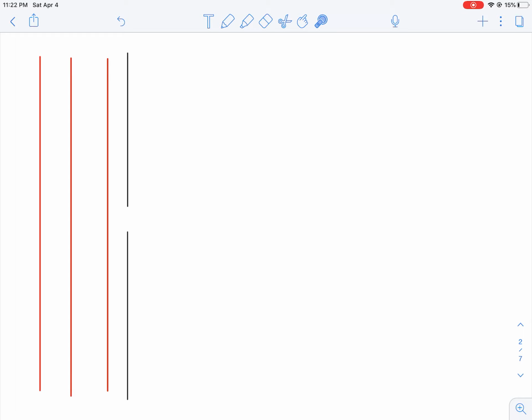Well, this is the really cool part of an experiment done a long time ago that helped scientists understand that light actually behaves like a wave. So if that slit is really, really small, and I'm talking small on the level where it matches the wavelength of the light or sound or whatever is passing through it, it'll begin to act like a wave.